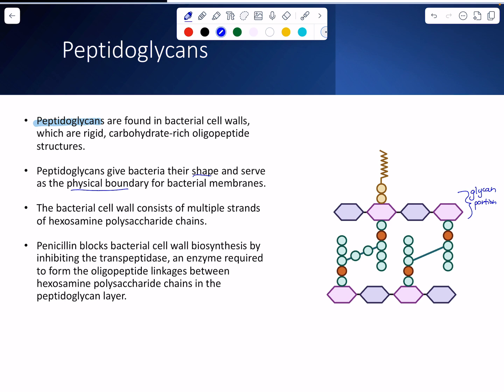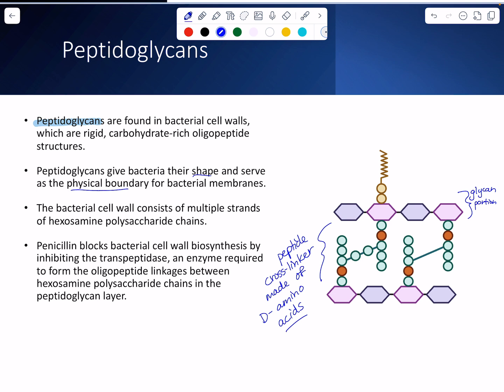And then there is the peptide portion. So this is a peptide cross-linker, and it's made of D amino acids. So this is, again, that exception where we use D amino acids.